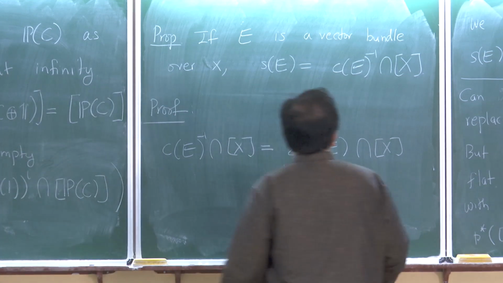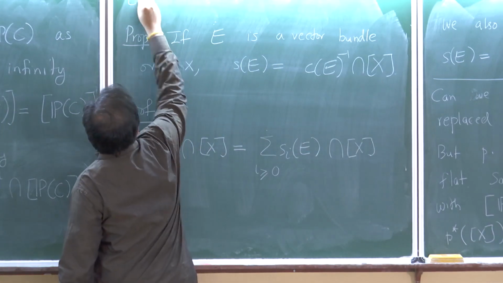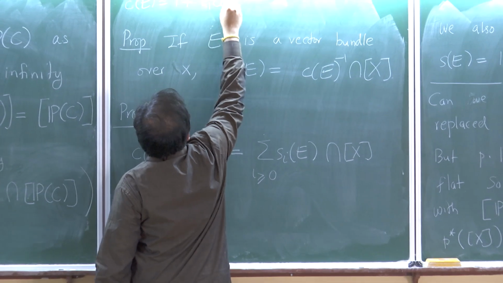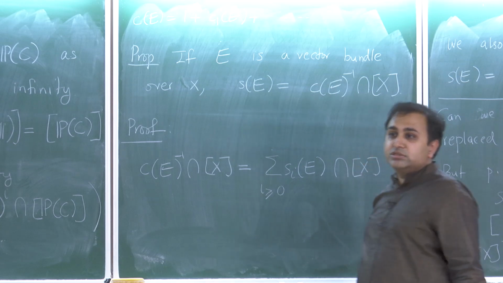CE is equal to 1 plus C1E plus so on, and I just take the formal inverse.